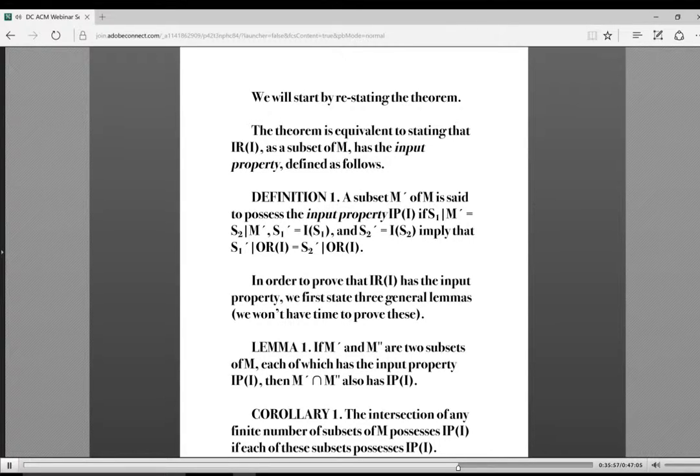Unfortunately, this evening we won't have time to prove these, but we'll state them at least. Lemma 1. If M prime and M double prime are two subsets of M, each of which has the input property IP of I, then the intersection of M prime and M double prime also has the input property. Now there's a corollary to this: the intersection of any finite number of subsets of M possesses the input property if each of these subsets possesses the input property.